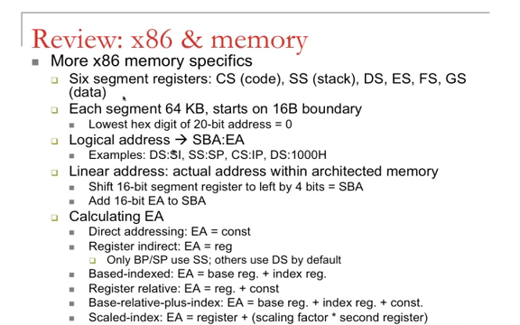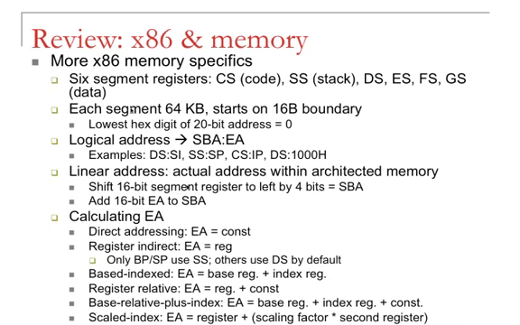Logical address refers to this pair of values, SBA and EA. SBA is the segment base address, and EA is the effective address. We have examples here, DS:SI. In this case, SBA is the value in DS, and EA is the value in SI.